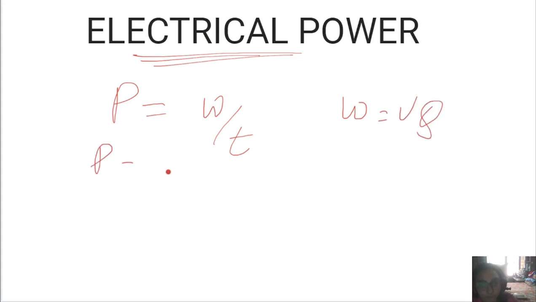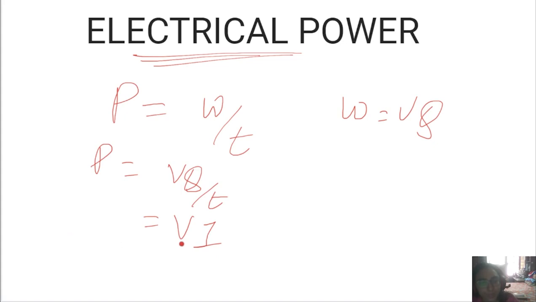The last part of this discussion of our class is electrical power. Just now we were discussing how power equals W by T, W equals VQ, so power equals VQ by T, or power equals VI, right?